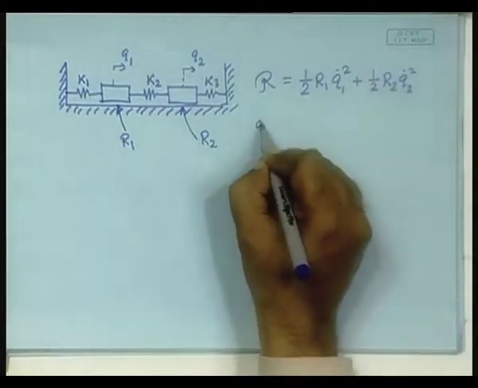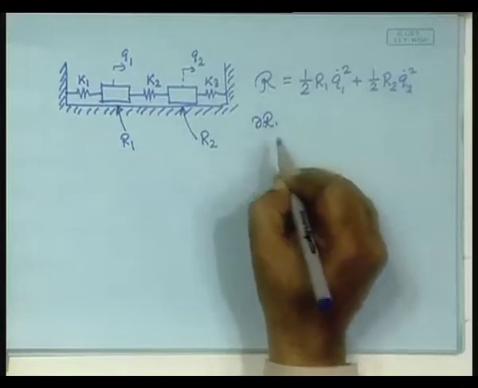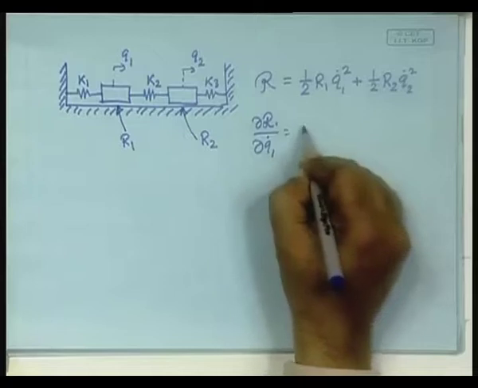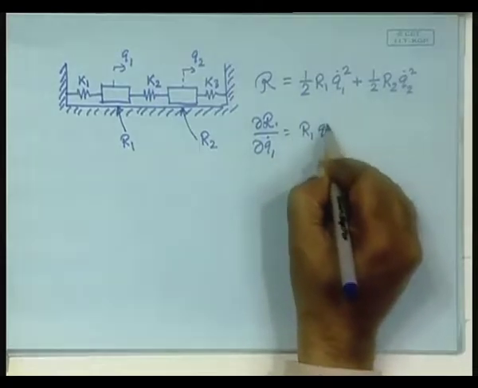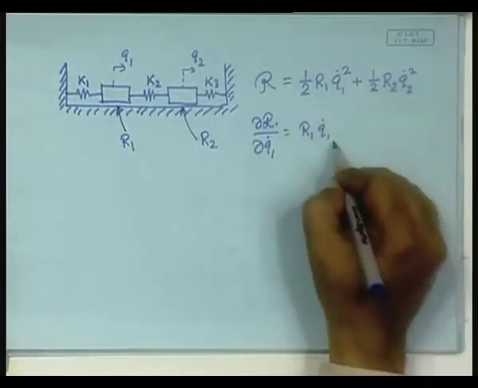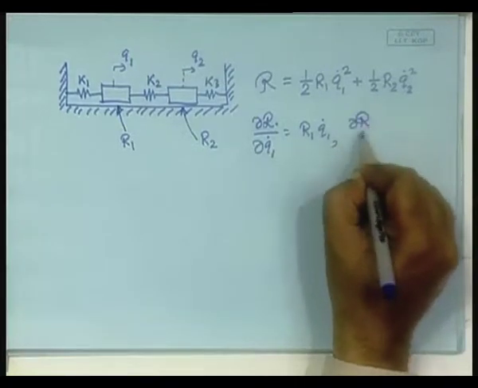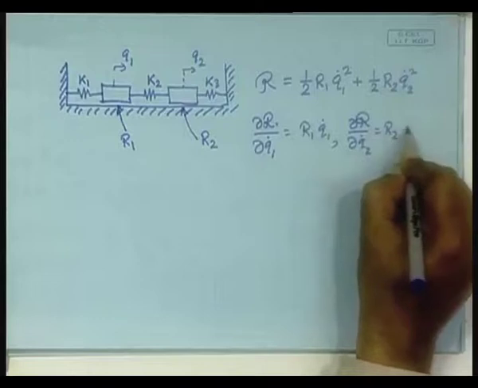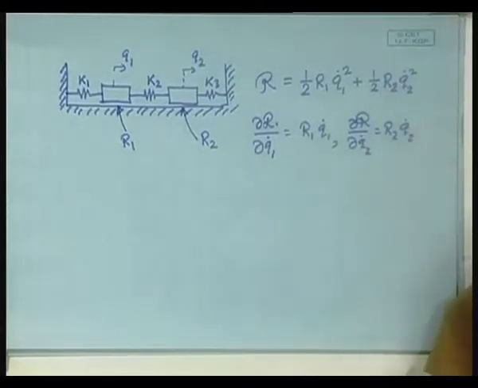So, dou R dou q1 dot is R1 q1 dot and dou R dou q2 dot is equal to R2 q2 dot. Happy?